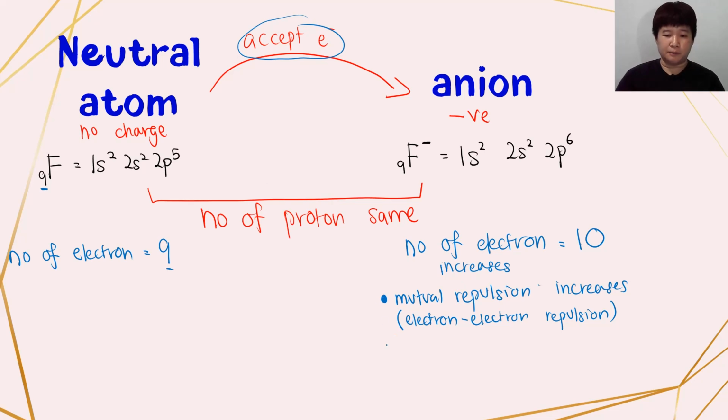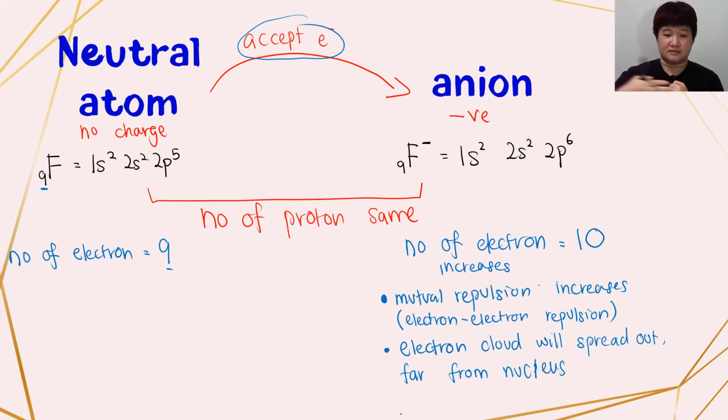So when the mutual repulsion increases, therefore the electron cloud will spread out. When the electron cloud is spread out, it will be far from the nucleus. So when the electron cloud spreads out and is far from the nucleus, the electrons are now very far from the nucleus.